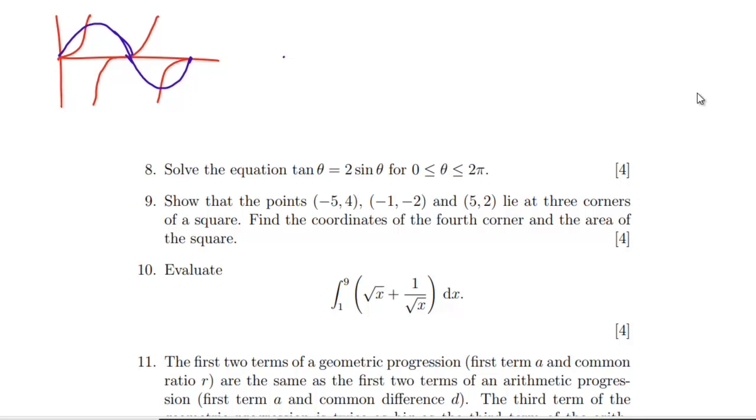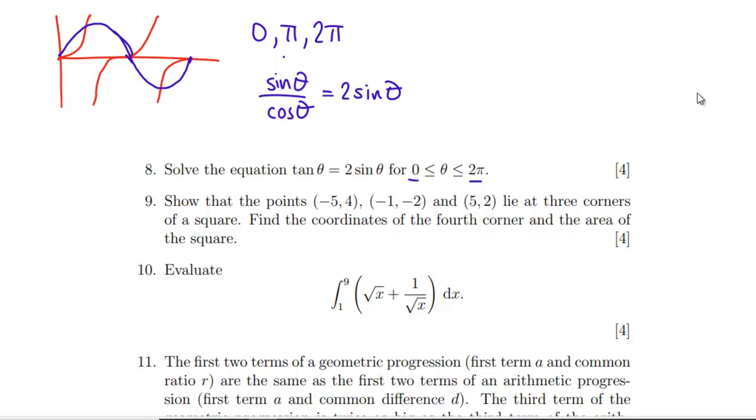We can see then, because we're including 0 and 2 pi, that we've got 5 solutions. So we're going to have 0, pi, and 2 pi. And then we're going to have the ones where, if that's sine theta over cos theta, it's going to be where cos theta is a half. Because we're changing that into saying we've got sine theta over cos theta equals 2 sine theta.